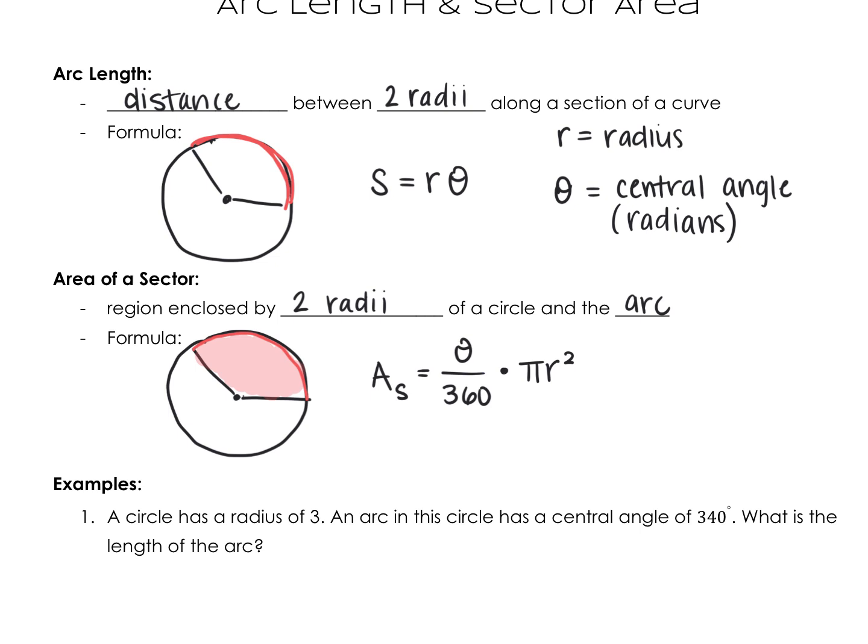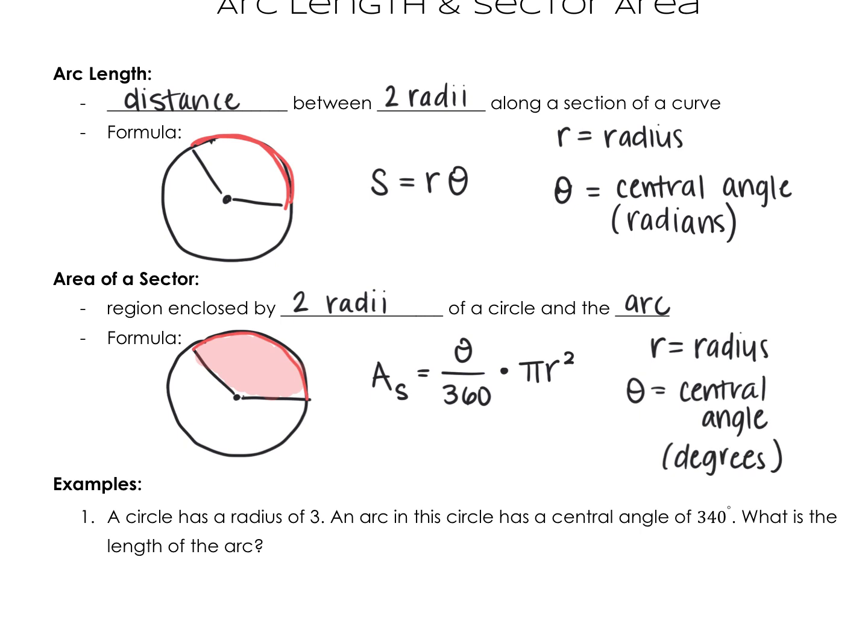The pi r squared comes from the formula for the area of a circle, and then theta over 360 is, well, what part of the circle, so how many of the degrees of the circle do we want to measure? So r is still the radius, and theta is still the central angle. But in this case, the central angle is in degrees.